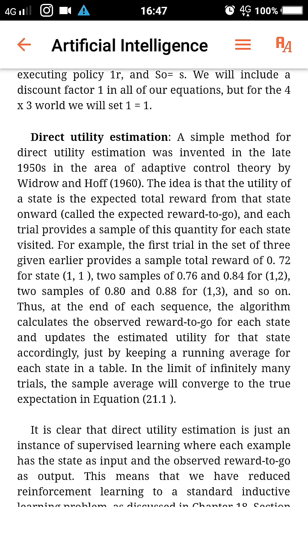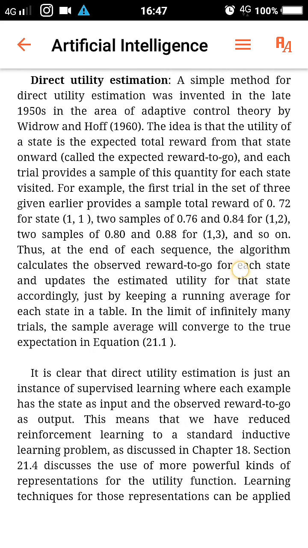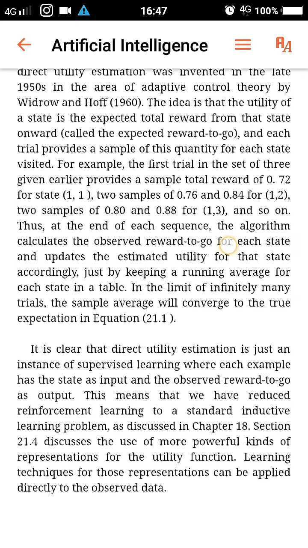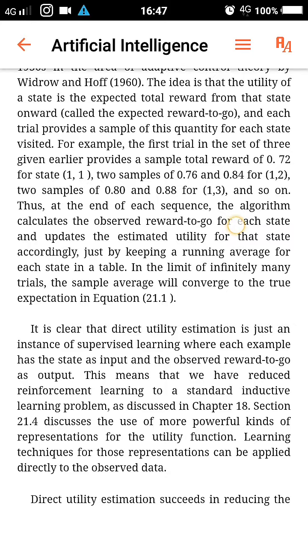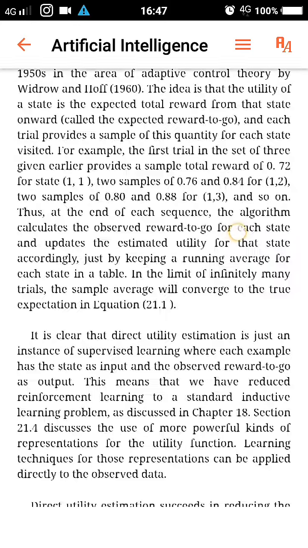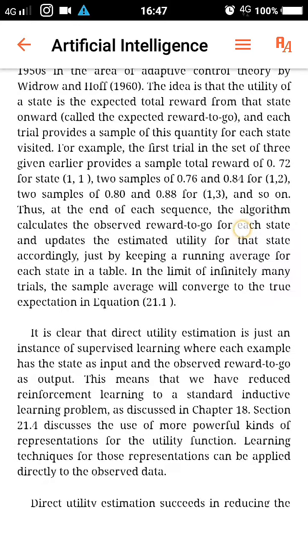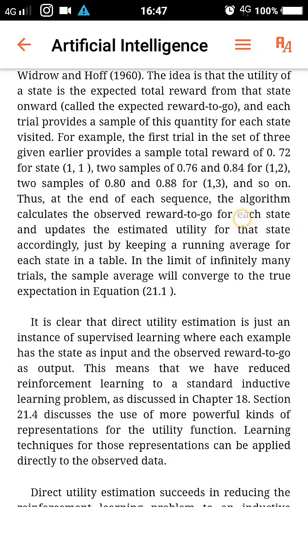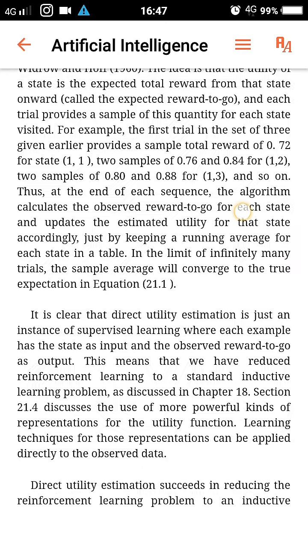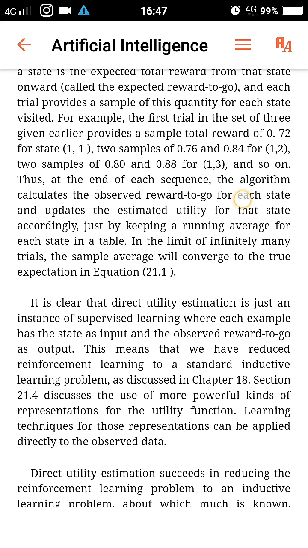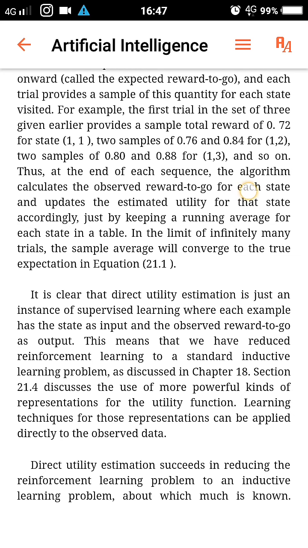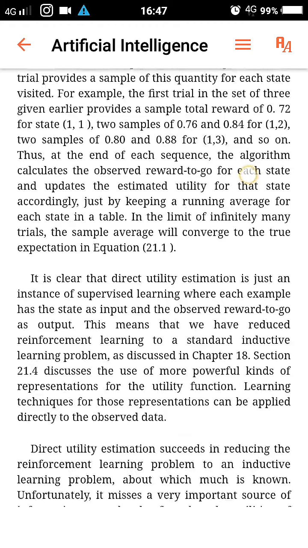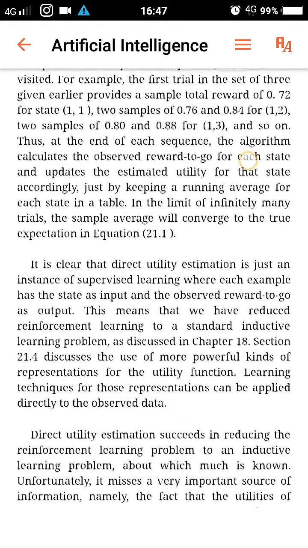Direct utility estimation. A simple method for direct utility estimation was invented in the late 1950s in the area of adaptive control theory by Widrow and Hoff, 1960. The idea is that the utility of a state is the expected total reward from that state onward, called the expected reward-to-go, and each trial provides a sample of this quantity for each state visited.